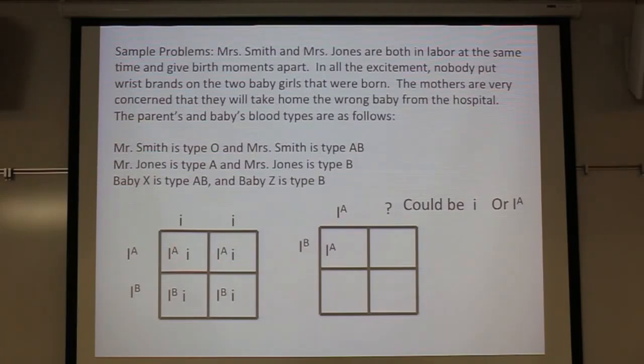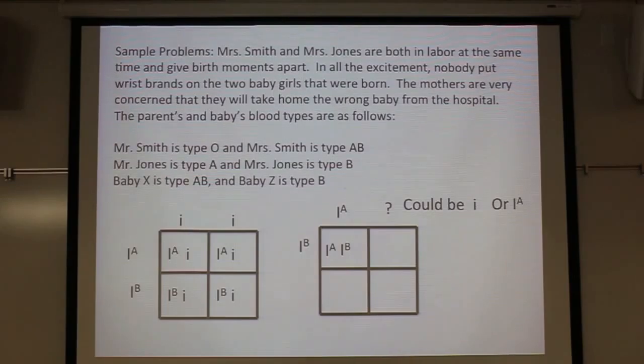This baby would also have blood type A. This baby would have blood type B. This baby would have blood type B. Now, on this side over here, this baby right here would have blood type AB, and once again, we don't know the rest of these because we don't know for sure what would go there.